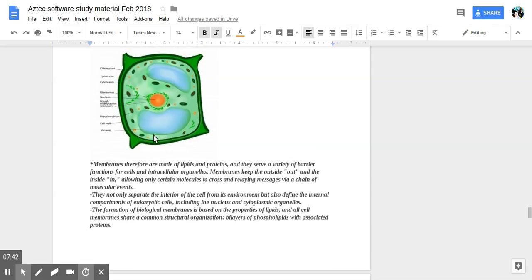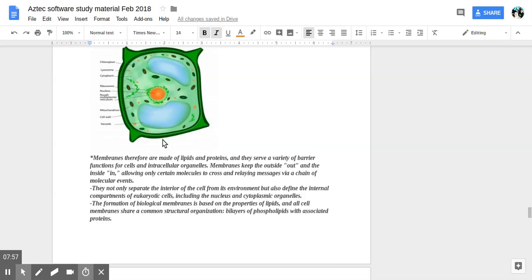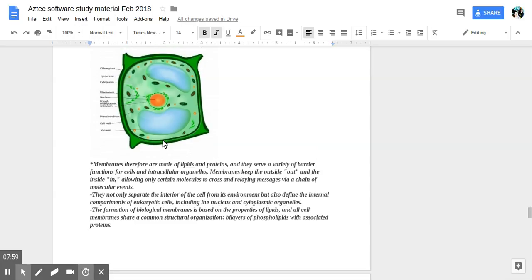So membranes, again, are made of lipids and proteins, serving a variety of barrier functions for cells and intracellular organelles. Membranes keep the inside in and the outside out, allowing certain molecules to cross, relaying messages via a chain of molecular events.